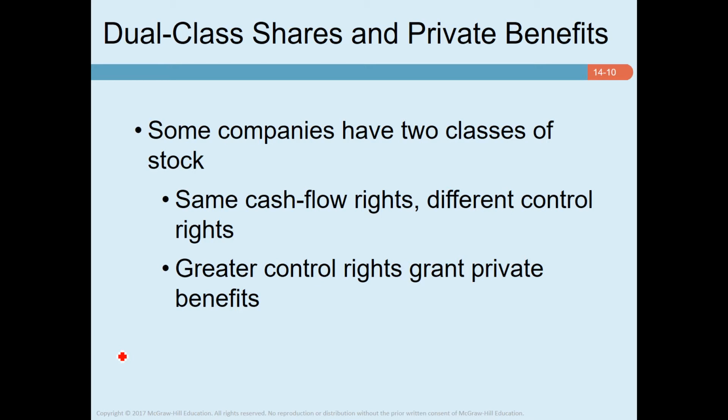When there are two classes of stock, stockholders with extra voting power may sometimes use it to toss out bad management or to force management to adopt policies to enhance shareholders' value. But as long as both classes of shares have identical cash flow rights, all shareholders benefit equally from such changes. So here is the question.